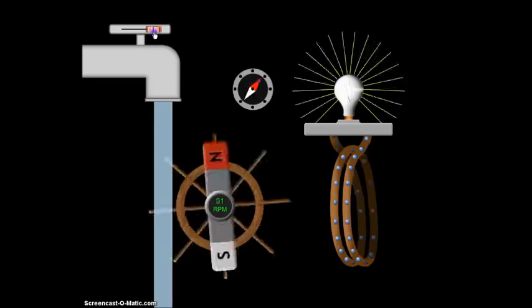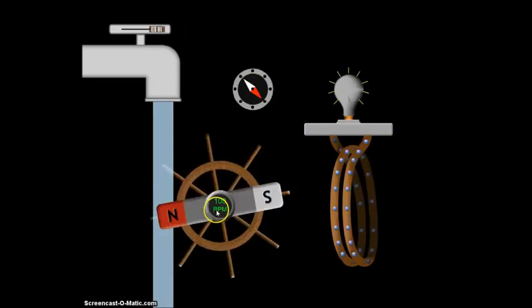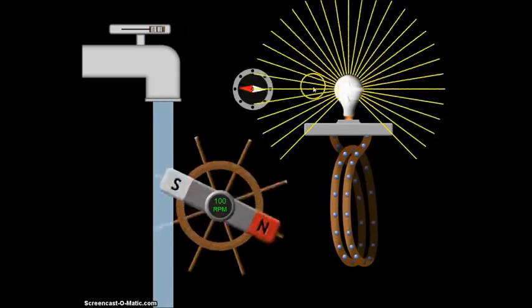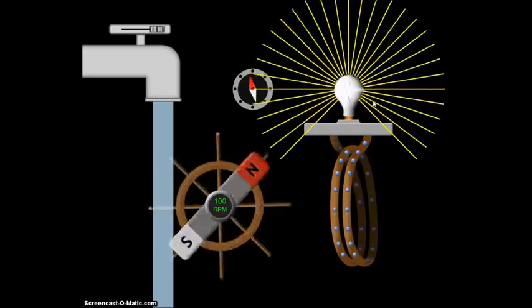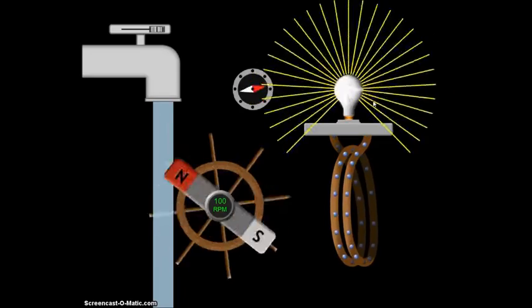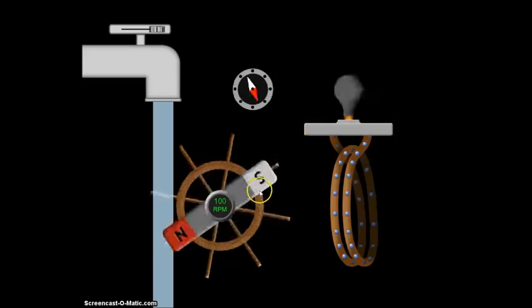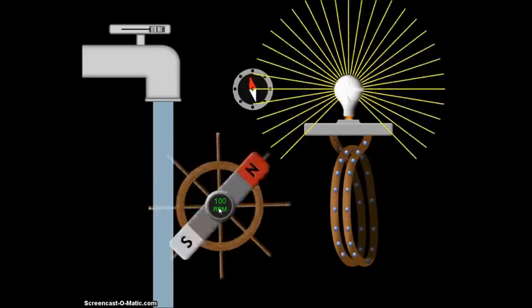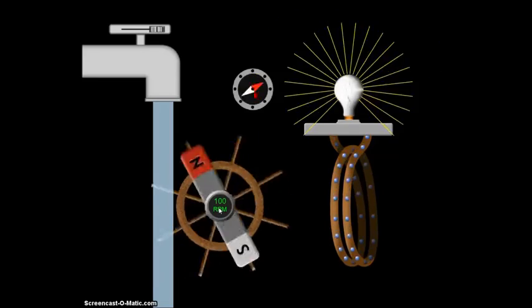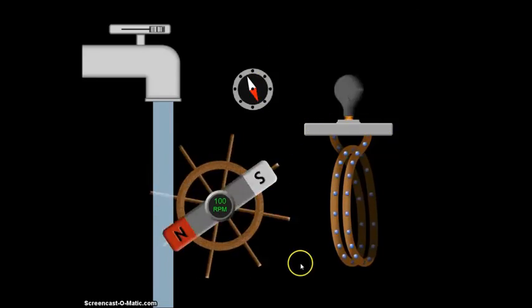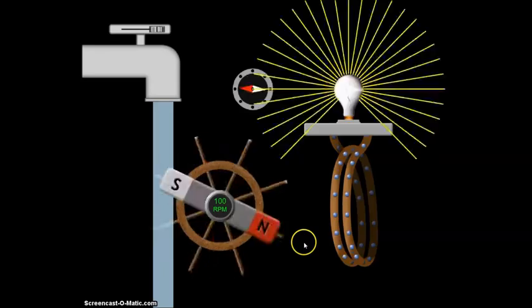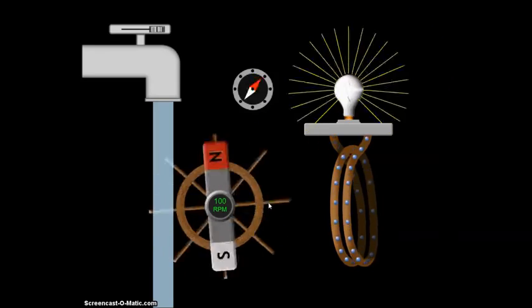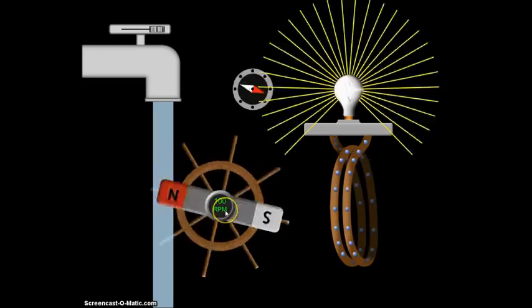If we crank this up quite a bit, to 100 revolutions per minute, it's getting harder to see when it's off. Now, this is going at 100 RPMs. To get to 60 hertz, which is 60 times per second, we have to figure that one out. It's 60 times per second, and this is in minutes.